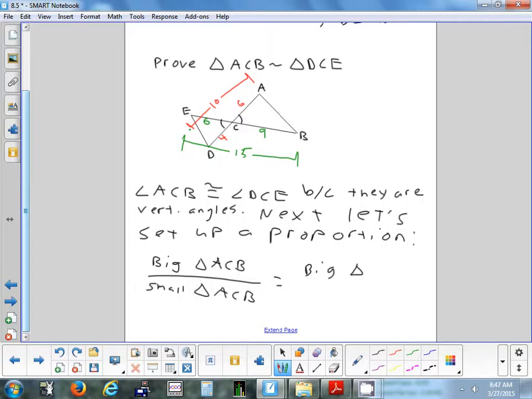And by big side, I mean the bigger number of the two that we have over small side, triangle DCE. Hopefully those come out proportional. If they do, then we're good. Rose, what's the bigger side in triangle ACB? The bigger side. Yeah, how long is it? 9. Yep. So the bigger side is 9.